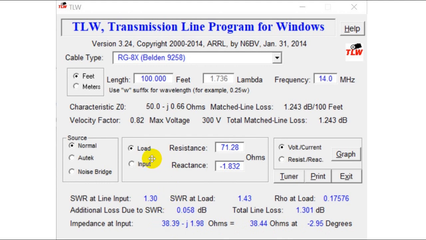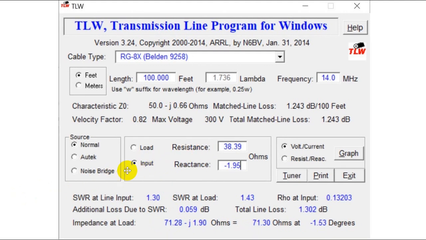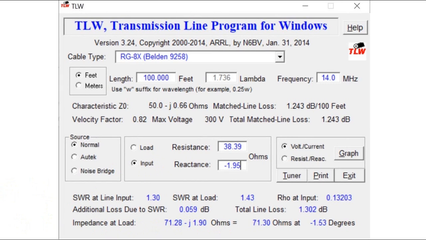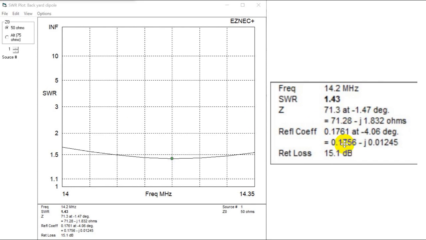Now we can flip this just for kicks. Let's take the input resistance from right here, 38.39 minus j1.98, and put that in here as the input impedance, and then the impedance at load, 71.28 minus j1.832, exactly matches what we had up here, okay?